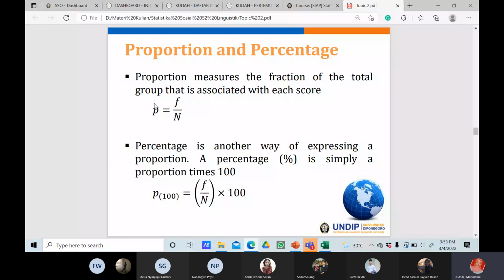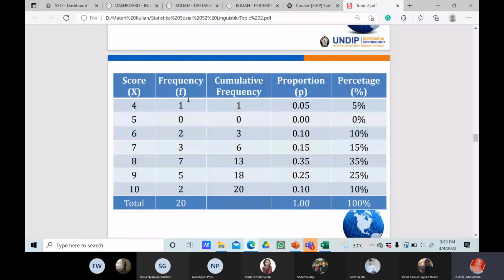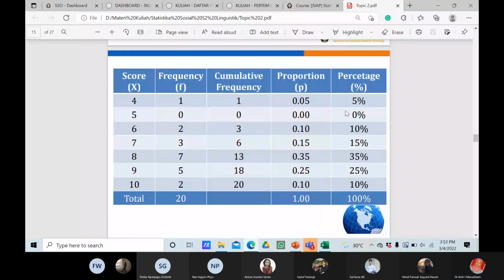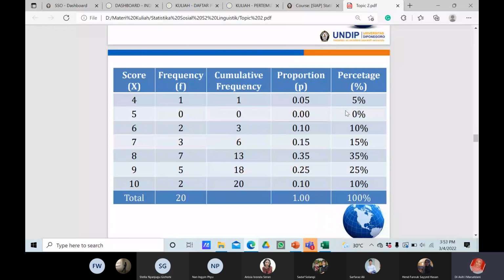Okay, P is the proportion, P100 is the percentage, F is the frequency, N is the number of the data. Then from the table of the frequency distribution, we can produce a proportion and percentage.